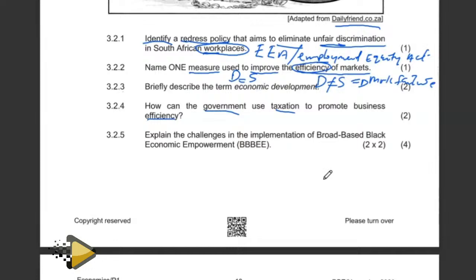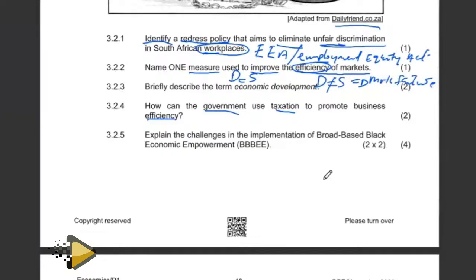Okay, so efficiency, as I did explain earlier, grade 12, when we talk of efficiency, we always check where resources are not wasted. So how can the government use taxation to promote business efficiency? Meaning, how can the government use taxation to make sure that businesses don't waste resources?